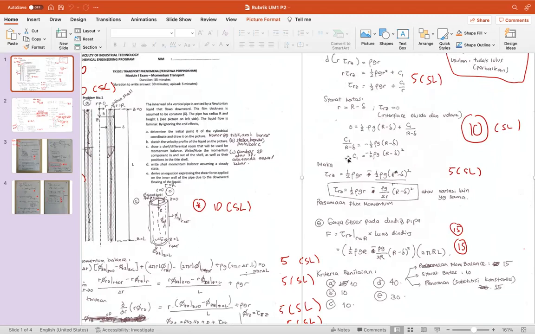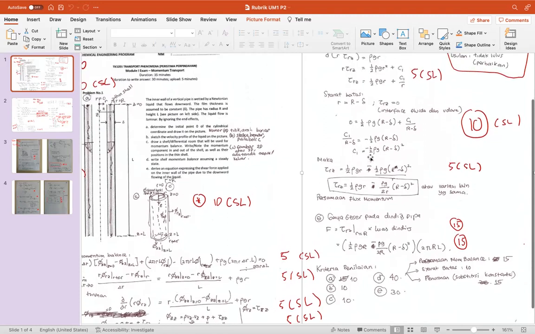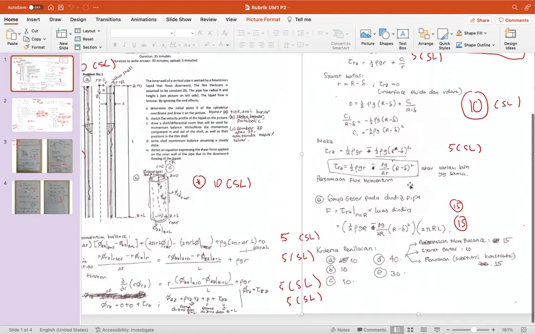And then you get the C, and you put the C into here. This is negative, or any variation in any form that you think is logical, derived from this one. So this is the momentum flux distribution.